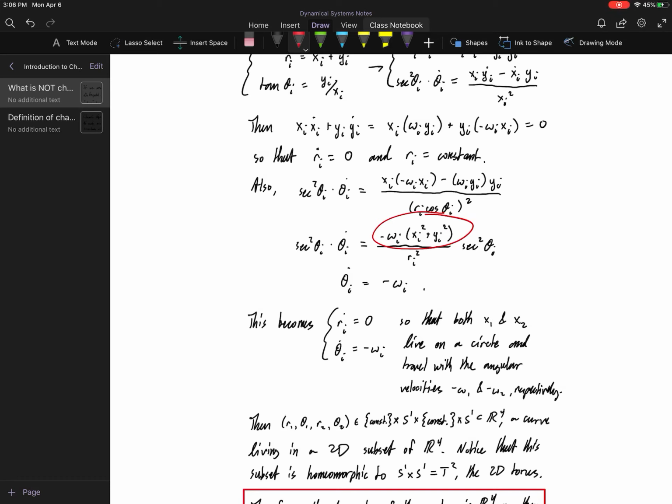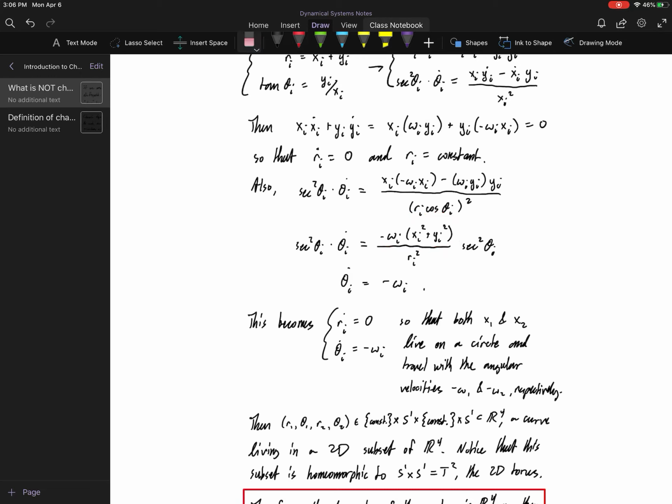And when we do, notice what happens. I wind up with a common omega_i term for both of these, and I can factor out the negatives as well. And I'll wind up with an x_i squared plus y_i squared. And that puts me on r_i squared, which cancels exactly with the denominator.